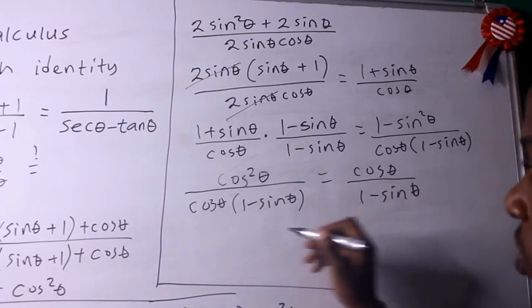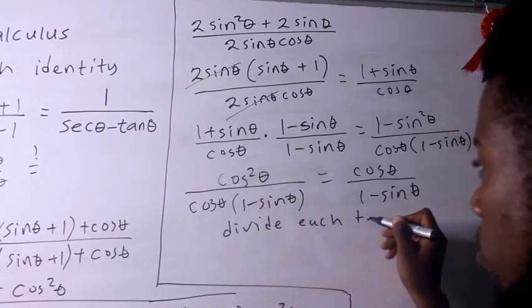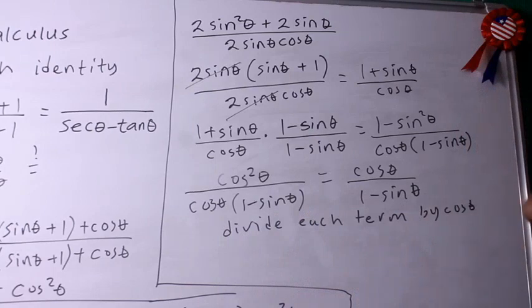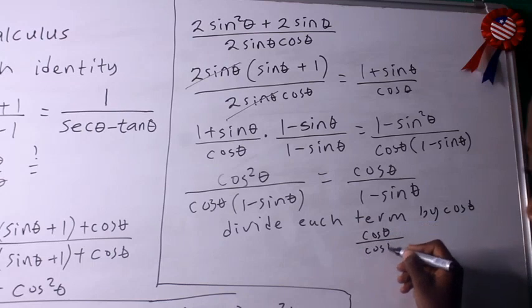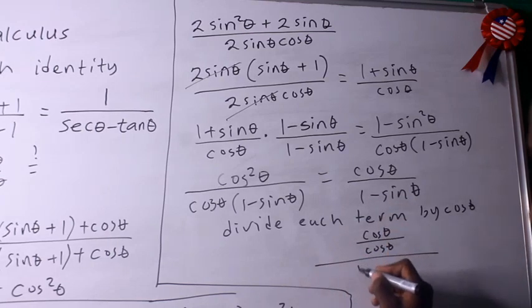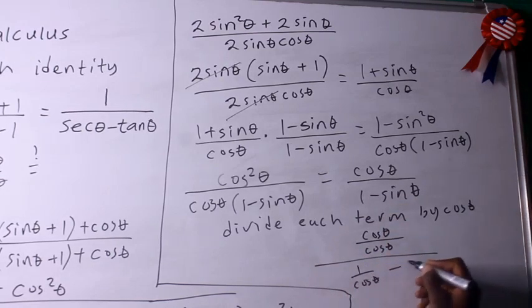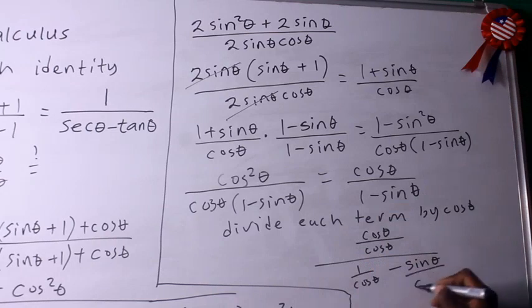Now lastly, we divide each term by cos theta. So we have cos theta over cos theta, all divided by 1 over cos theta minus sin theta over cos theta.